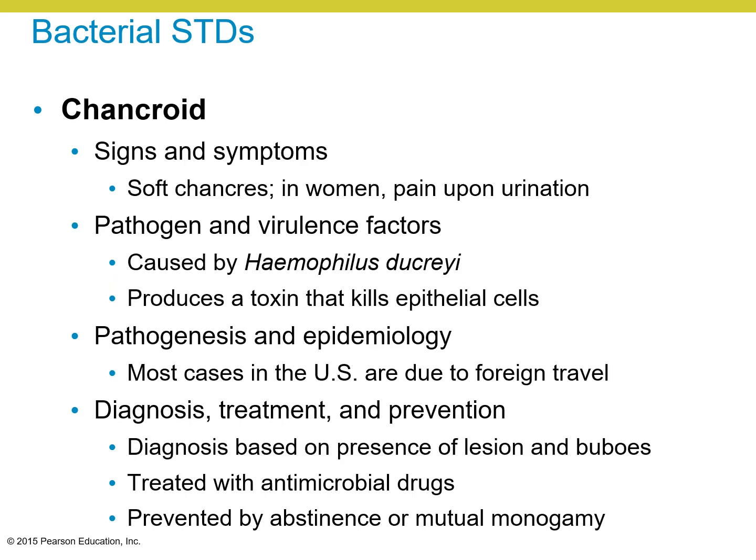Okay, another condition which I would like to go through is chancroid. Chancroid is another underdiagnosed and unreported bacterial STD that is present in the United States. Even though it's underdiagnosed, it's a rare condition. Chancroid is characterized by soft, painful genital ulcers.